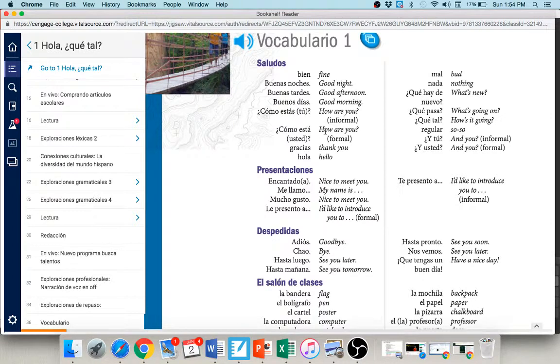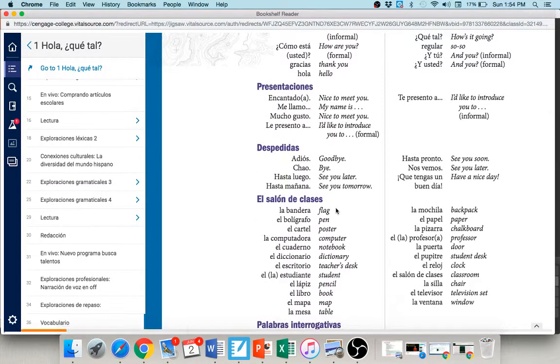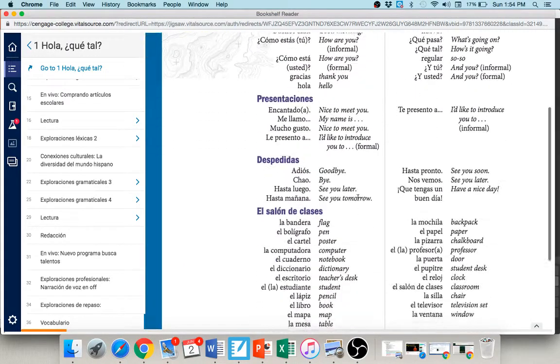We're going to talk a little bit throughout today's lecture about why there's a difference in a formal how are you and an informal how are you. We're going to talk about some ways to introduce yourself, and some ways to say goodbye, but those are all here for you.